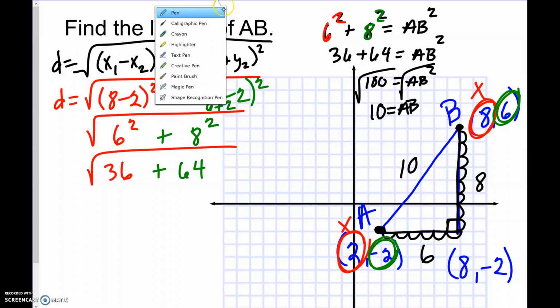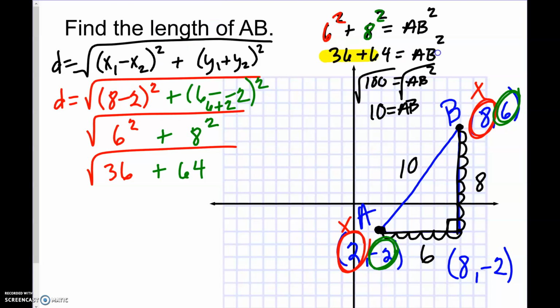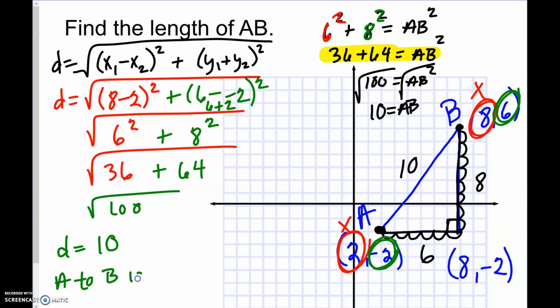And that's exactly what I have right here. 36 plus 64. So you can see that this distance formula and the Pythagorean theorem are basically the same thing. So we have the square root of 100, so this is 10. We got the distance from A to B is 10, and that's what we got using the Pythagorean theorem.